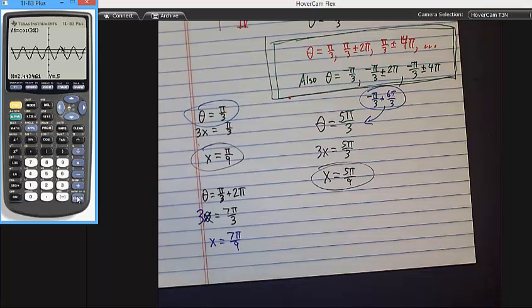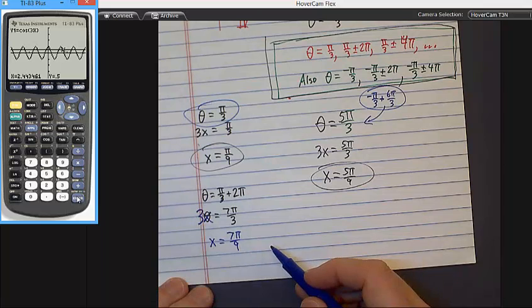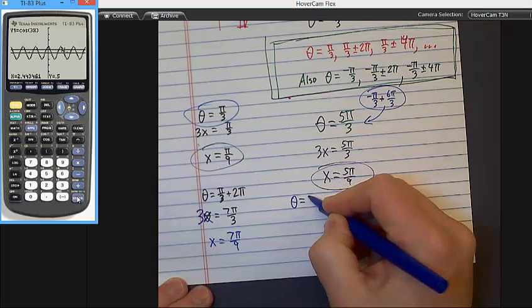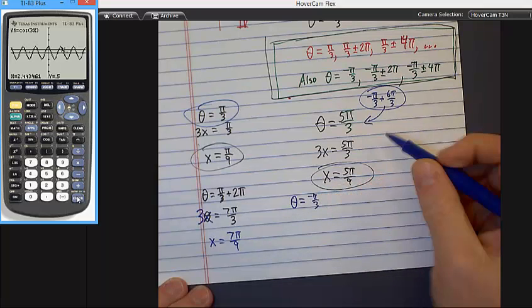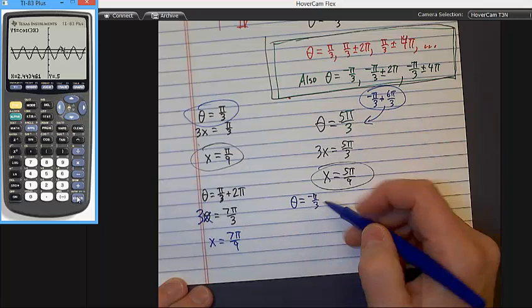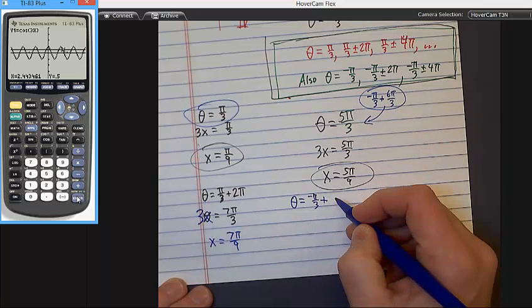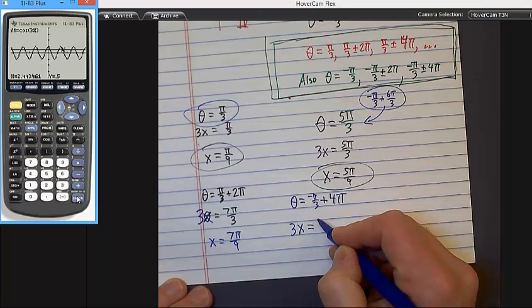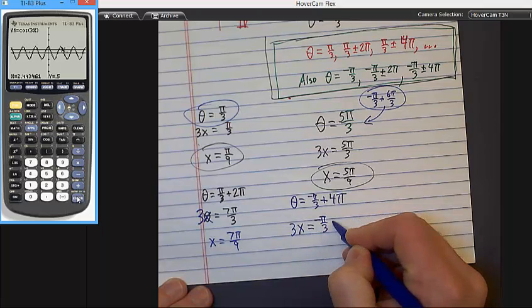Let's see, to get another one, let's try theta equals negative pi over 3, like I started with last time. This was plus 2 pi, so now I'll do negative pi over 3 plus 4 pi. Now let's rewrite it using x's. 3x is what we want to write. Negative pi over 3 plus, how should I write the 4 pi?